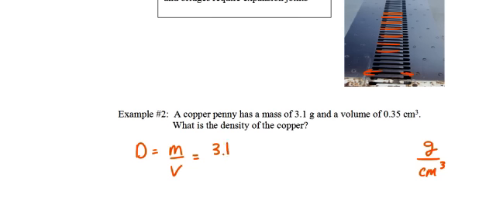I'm just going to plug the numbers in. 3.1 grams divided by the 0.35 cubic centimeters. And when you perform that calculation and round to 2 sig figs, 3.1 divided by 0.35 gives us a density of 8.9 grams per cubic centimeter.